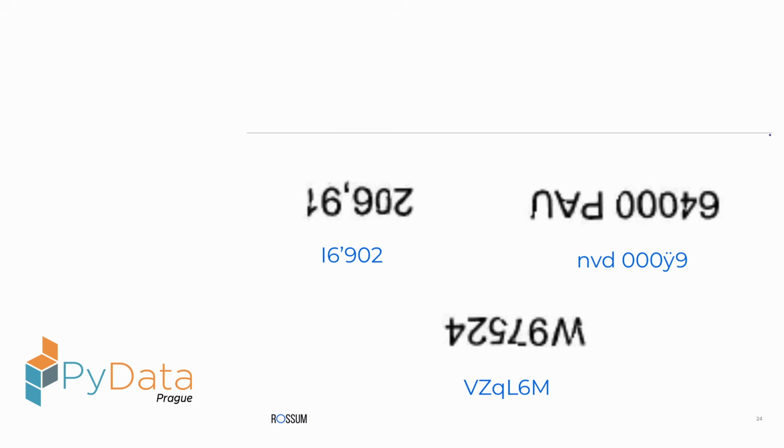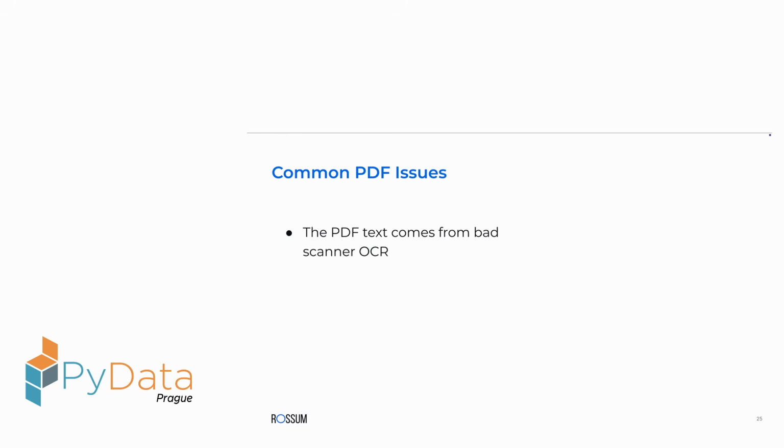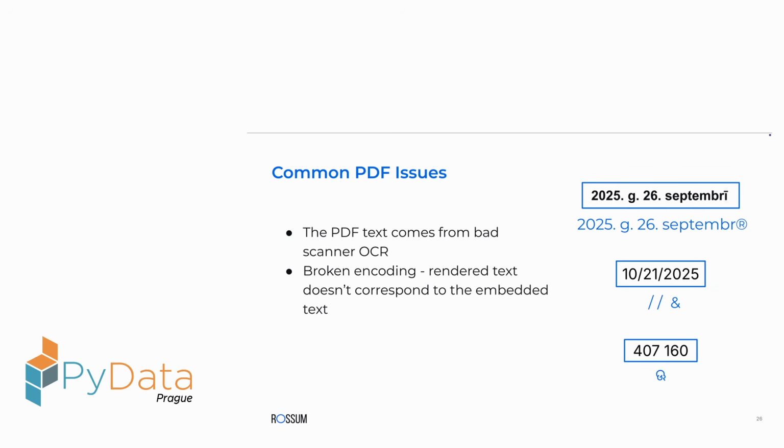So that's the first common source of errors in PDFs: it's from a source which we don't want to trust. We have better OCR, so we want to use our OCR and not that. That's the first issue.